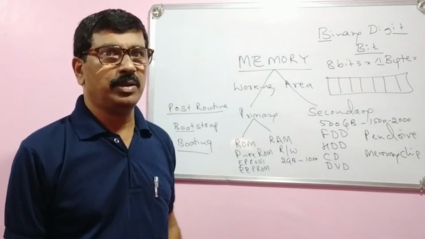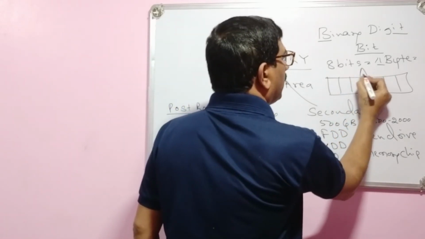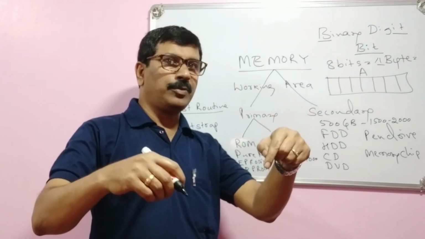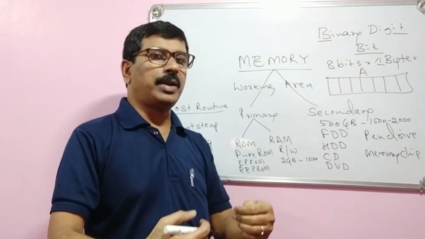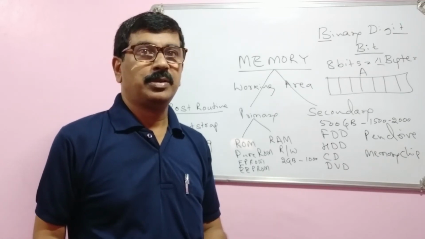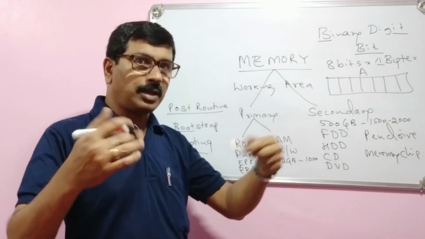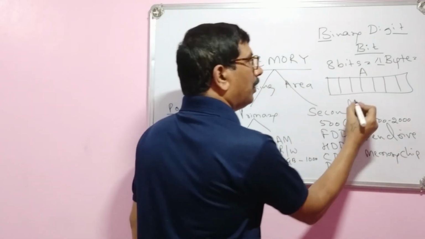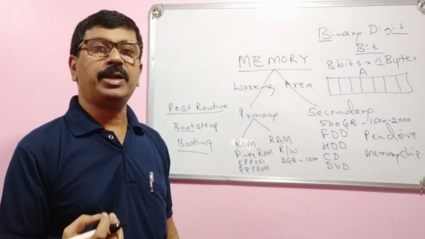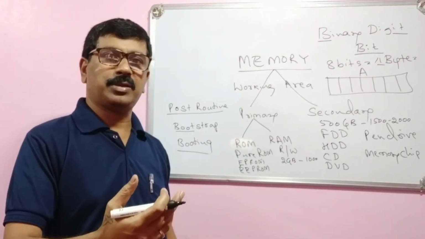For example, in a computer, maybe you want to store the alphabet A. You press A on the keyboard, and the computer recognizes there is A. But how does it recognize it, since there is no value for the alphabet A? A is converted into a format called ASCII, American Standard Code for Information Interchange, given by Americans.